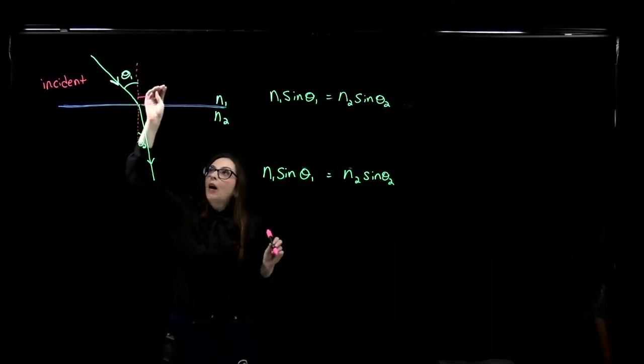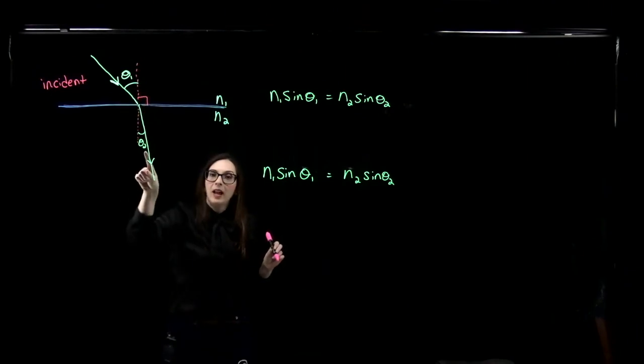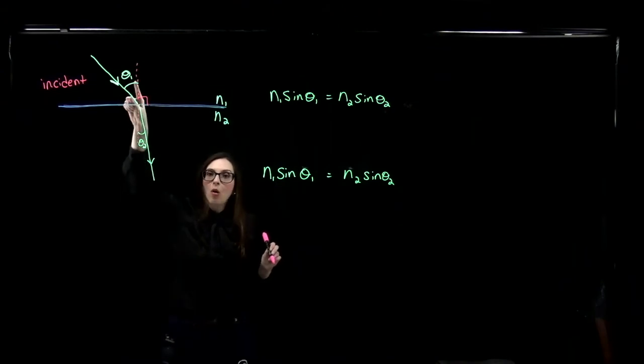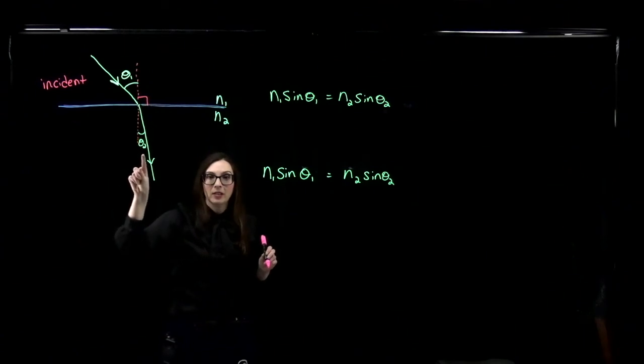So our incident angle, I'm going to call that theta 1. My refracted angle, this is theta 2. And these angles are always the angle between the ray and the normal line. It's never this angle, it's never this angle, it's always the angle between my normal line and my ray for the incident angle and the refracted angle.